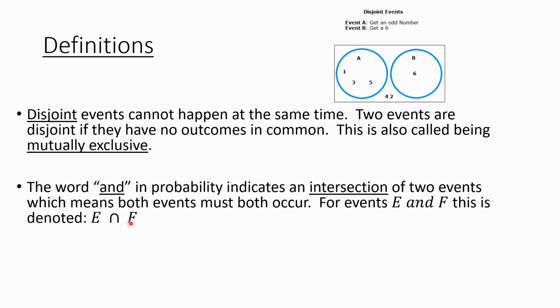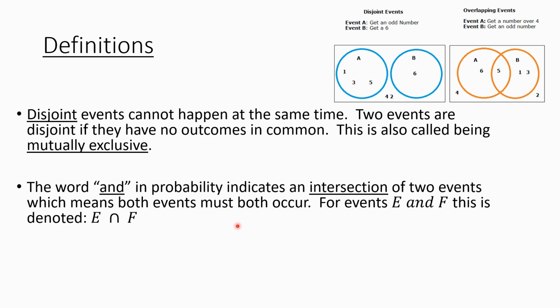For example, if we again considered that same set of whole counting numbers from 1 to 6, right? 1, 2, 3, 4, 5, 6. What is the probability a randomly selected number is both over 4 and odd? Okay, if we are considering both of those conditions when we pick that number. And so again, I have my two sets of numbers that are over 4, which is 5 and 6, and numbers that are odd, 1, 3, and 5.